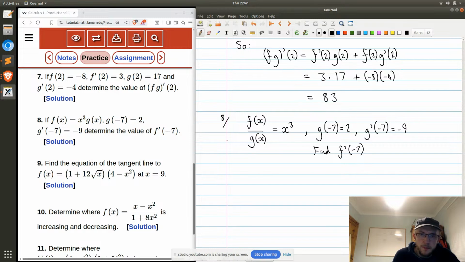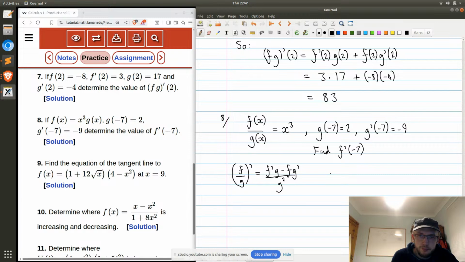Okay, so quotient rule. F prime g minus fg prime all over g squared.